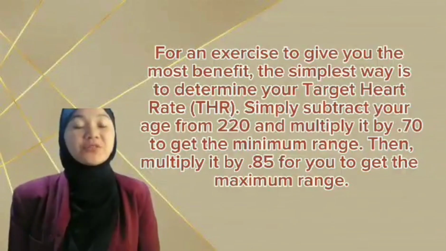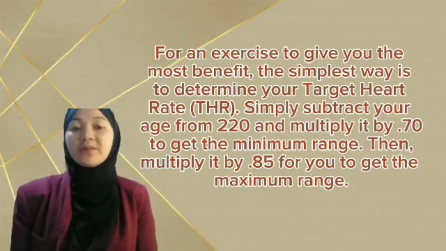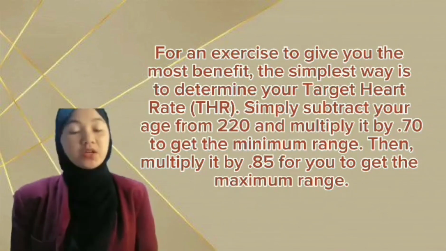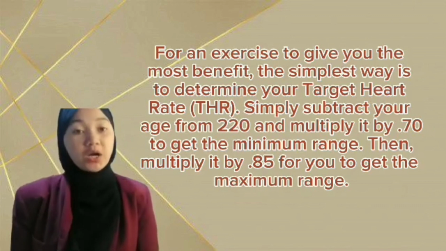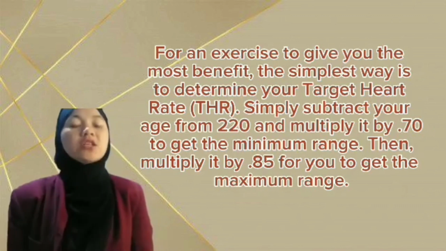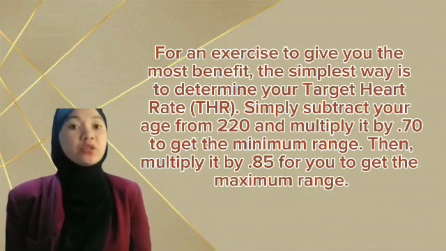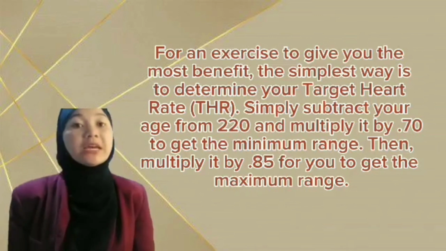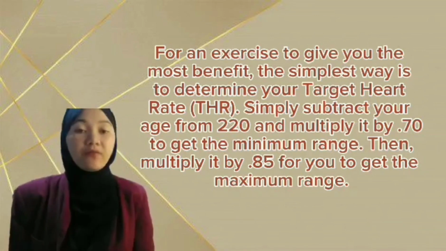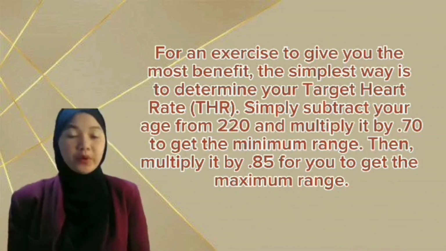For an exercise to give you the most benefit, the simplest way is to determine your target heart rate or THR. Simply subtract your age from 220 and multiply it by 0.70 to get the minimum range. Then multiply it by 0.85 for you to get the maximum range.